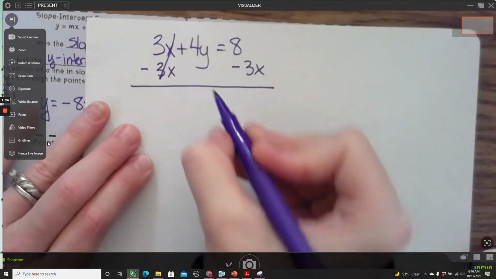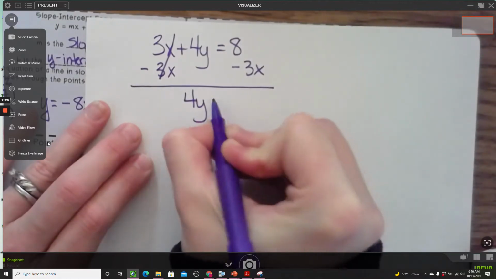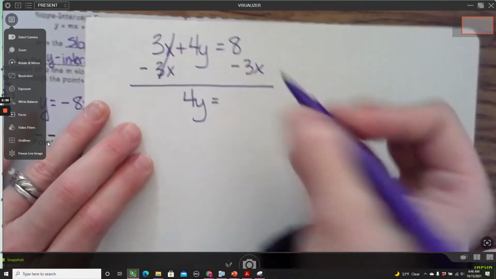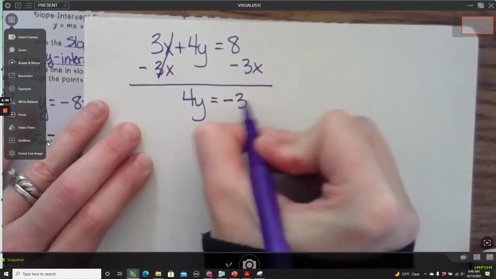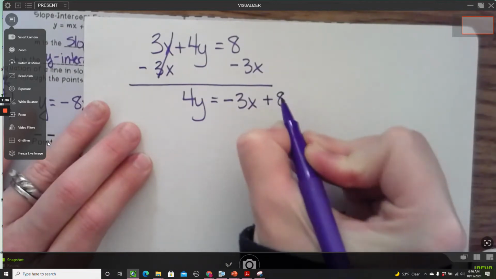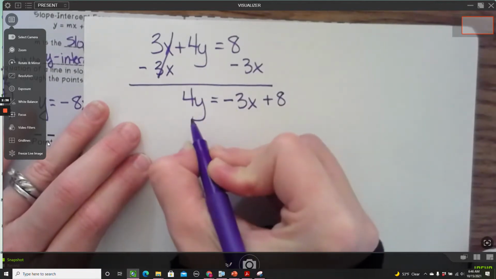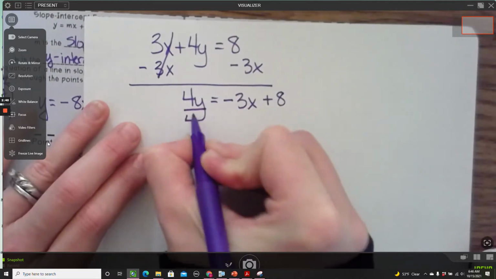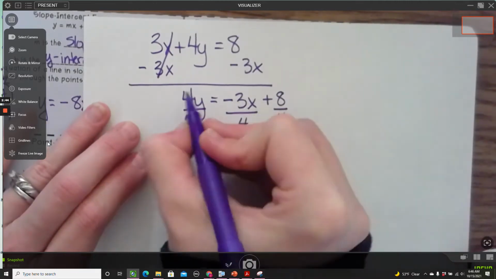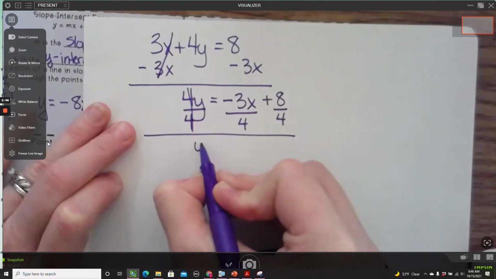So 3x and -3x cancel. I always write the x at the front in slope-intercept form. So I'm going to write -3x, and then this is a +8, so +8. Now I've got to get this 4 away from the y. To do that, I'm going to divide everything by 4. These cancel, and I'm left with a y.